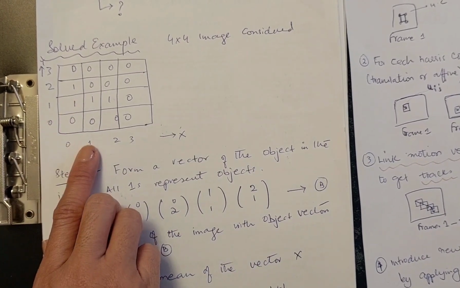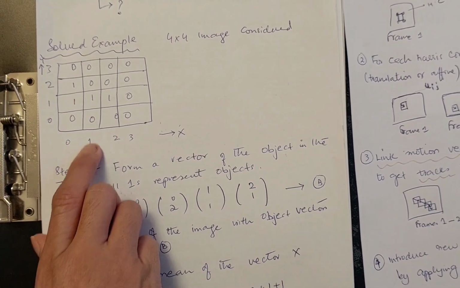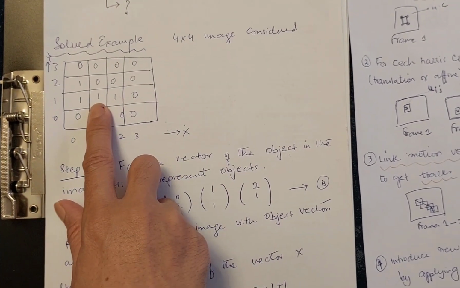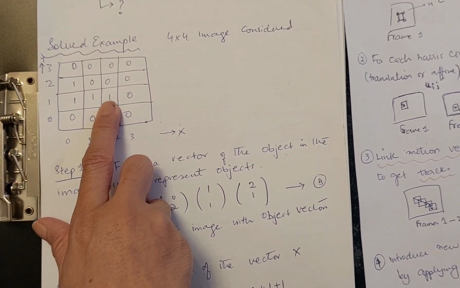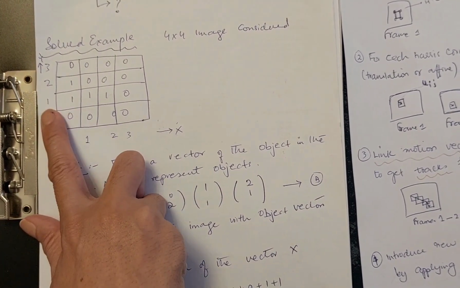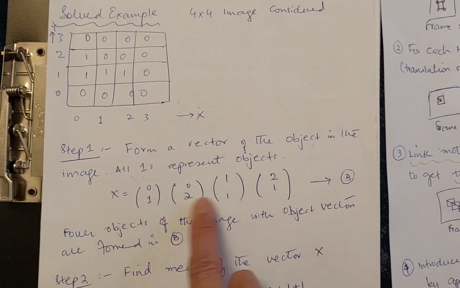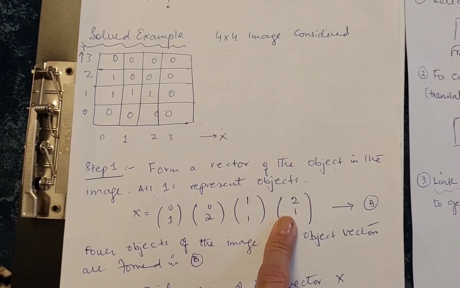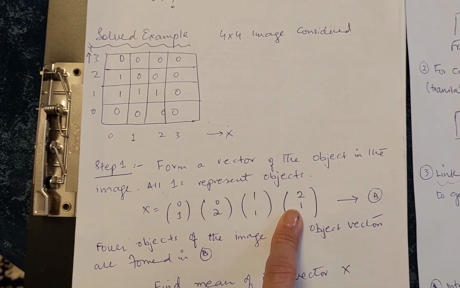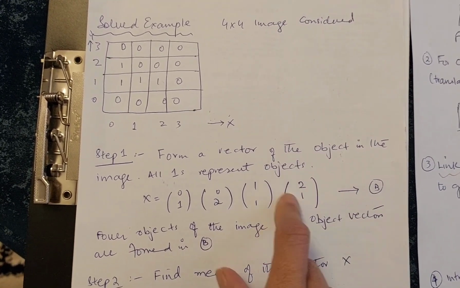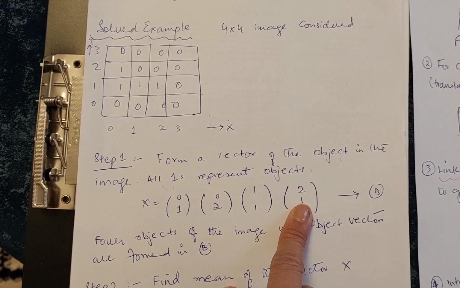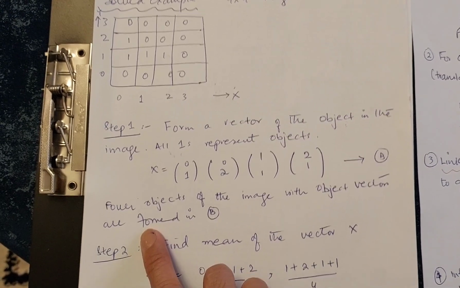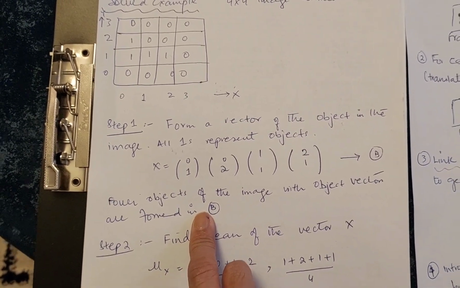Similarly, for this object I have x coordinate 1 and y coordinate 1, so this is the motion vector of this object. For the next object, the x coordinate is 2 and the y coordinate is 1. These are the motion vectors which the algorithm wants me to compute for each object. So I have computed motion vectors for all of the objects present in the image.